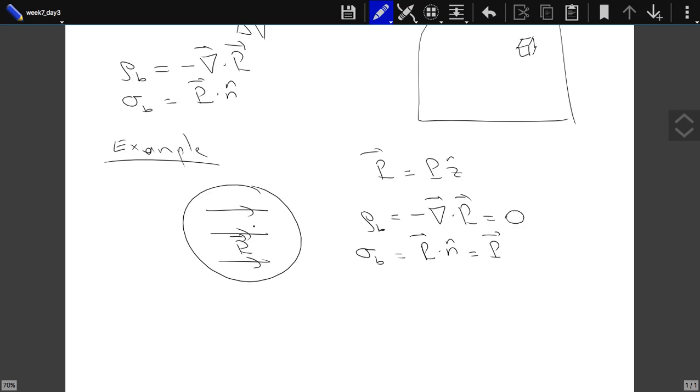For a sphere, n is nothing but the radius vector if you choose your origin. This is x, y, and z. n is nothing but the radial unit vector, and this is P times cosine theta. So we have such a surface charge density. And now the question is, what is the electric field created by this surface charge density?